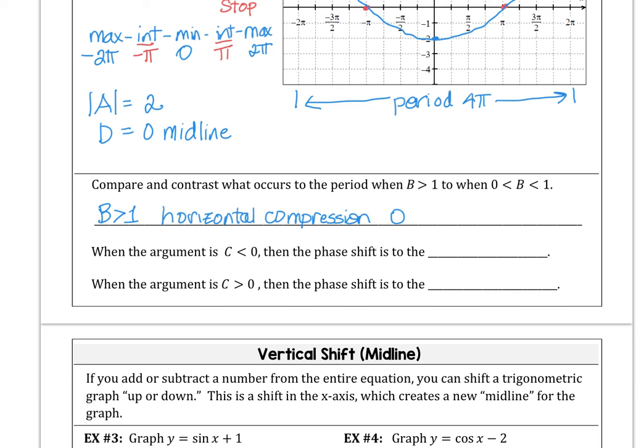And if you had the B value between 0 and 1, that was a horizontal stretch or a dilation. It made the graph take a lot longer to complete one period. When the argument is x minus C, with C greater than 0, then the phase shift is to the right. So X minus C made our phase shift right, but X plus C made our phase shift to the left.